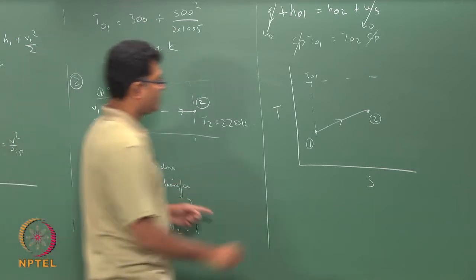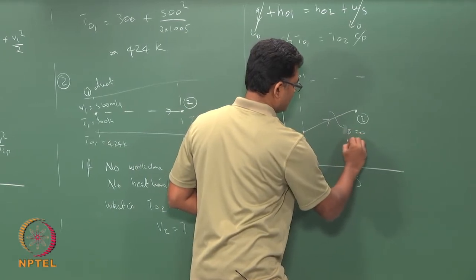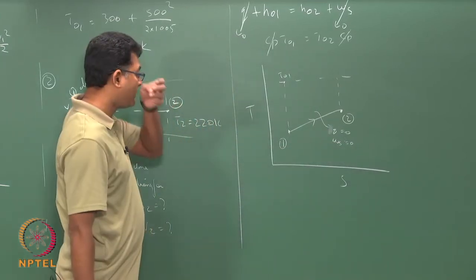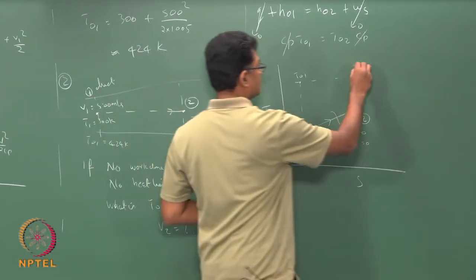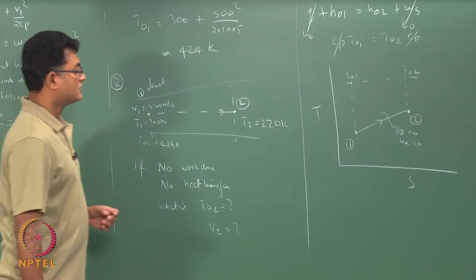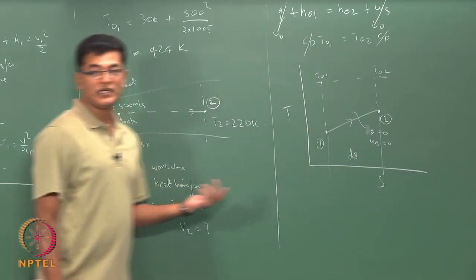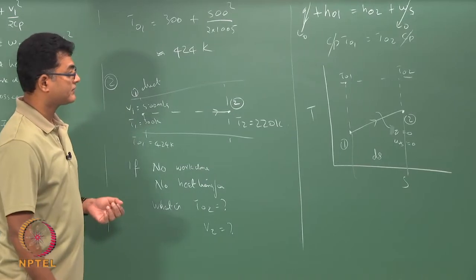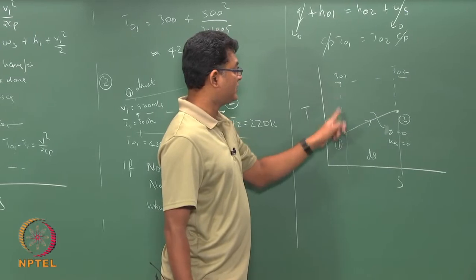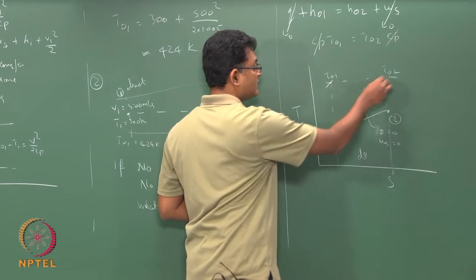Because there is no heat and no shaft work, the temperature is the same. Okay. So, the delta S is this, which is entirely due to your irreversibility. Okay. So, your state 1 and state 2 have the same stagnation temperature, okay, but the pressure associated with this is different.